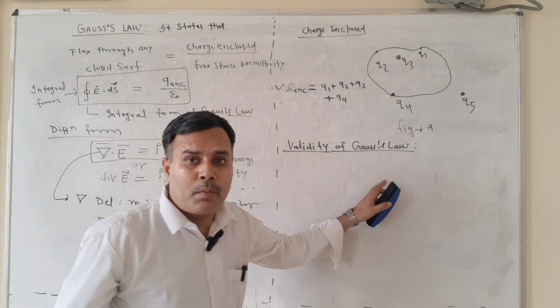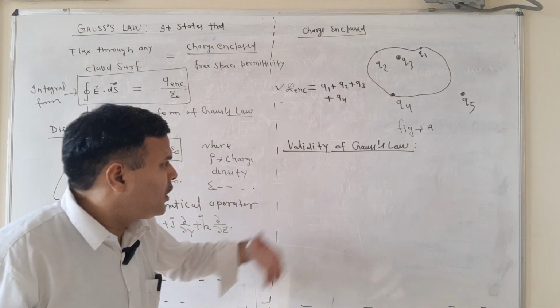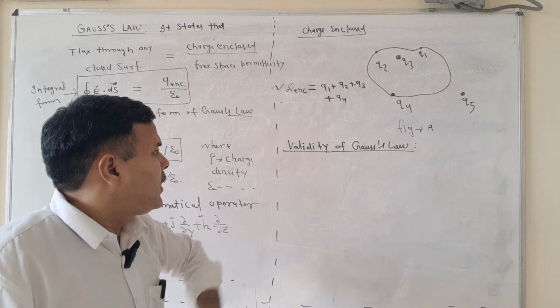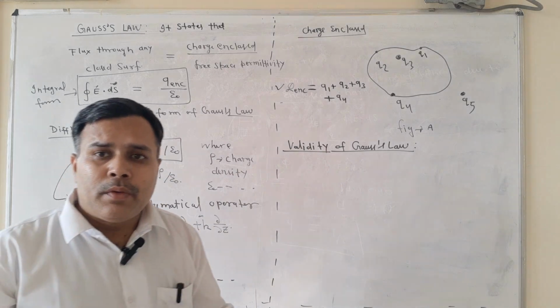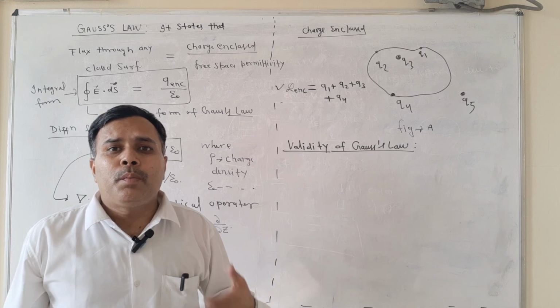So again this is a statement question in objective examination. In any objective type examination, the validity of Gauss law: whether Gauss law is valid for all surfaces or valid for a few surfaces.